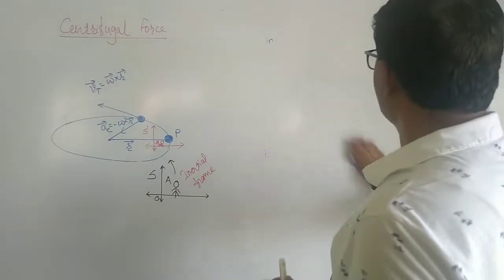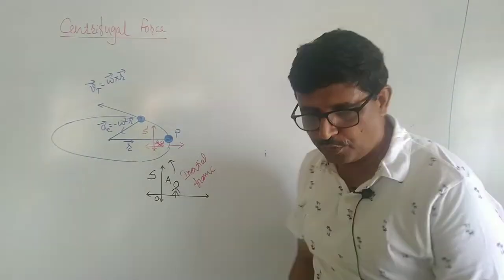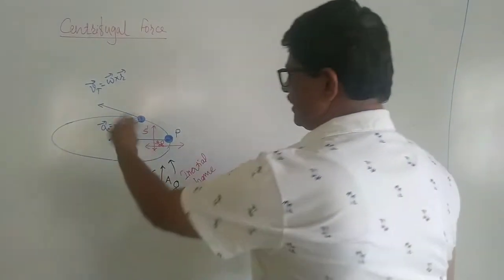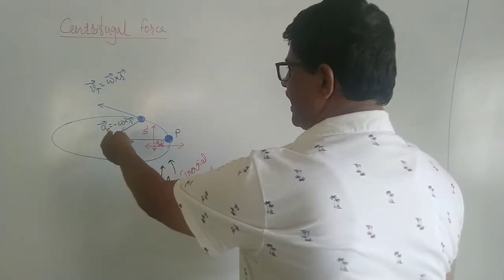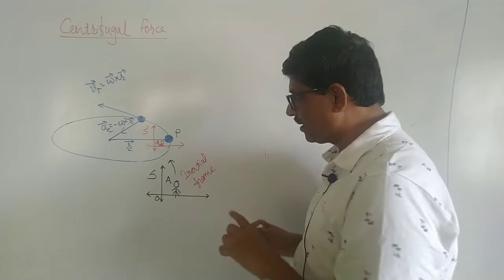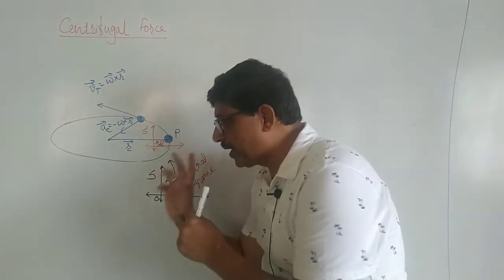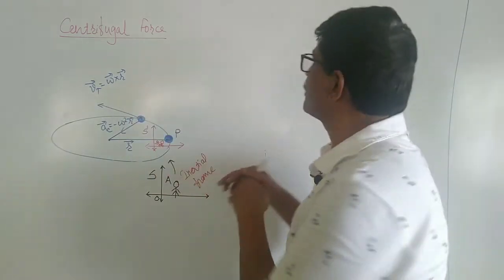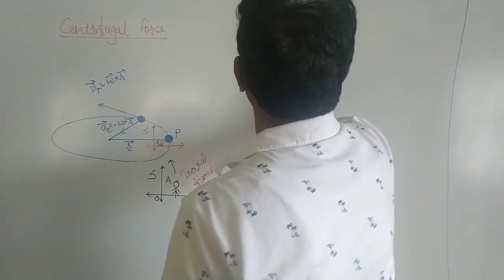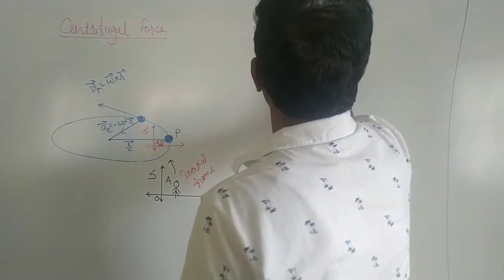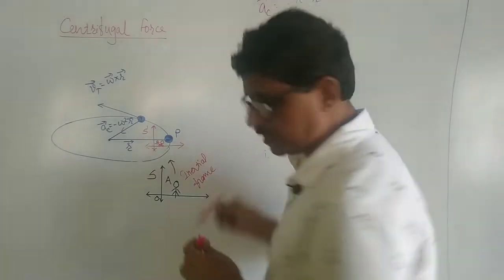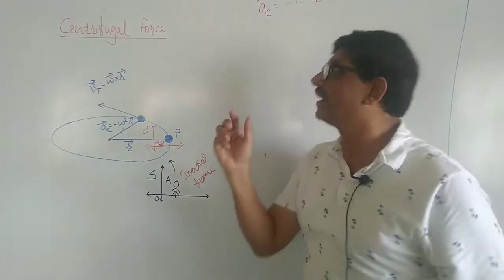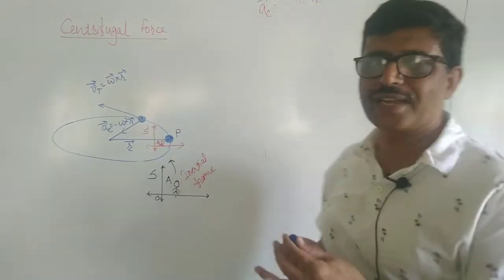In this case, the acceleration is a_c = minus omega square r. B and P are in a frame of reference whose acceleration is minus omega square vector r. The frame of reference itself is accelerating with minus omega square r.